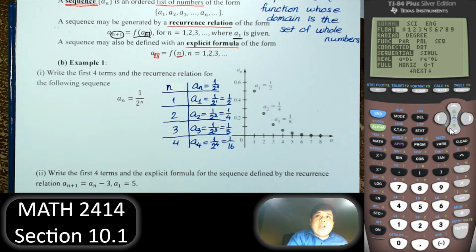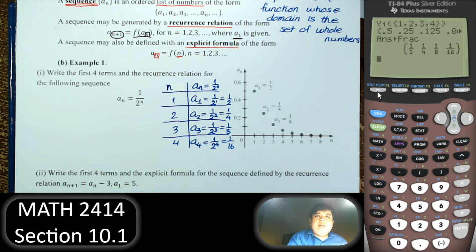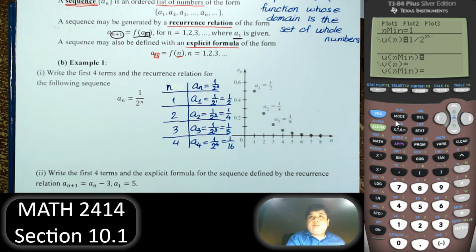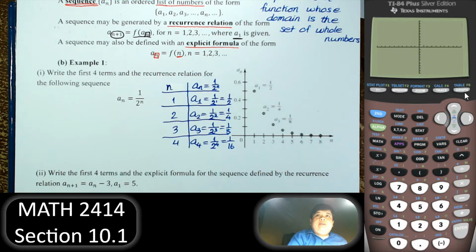So if we want sequence, that's the sequence mode, and the variable should be n. Highlight the sequence, and then we just say what the sequence looks like. It is 1 over 2 to the n power, and then we can hit graph. It will graph the points like we have here.